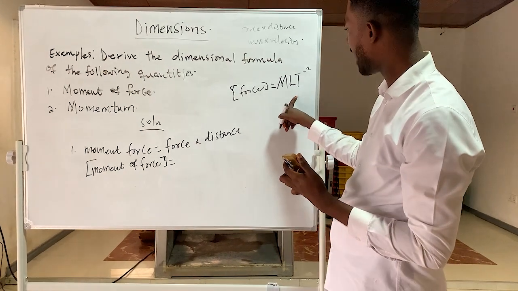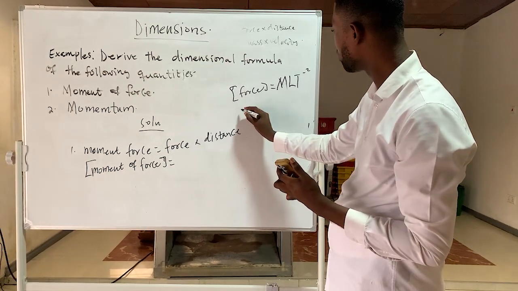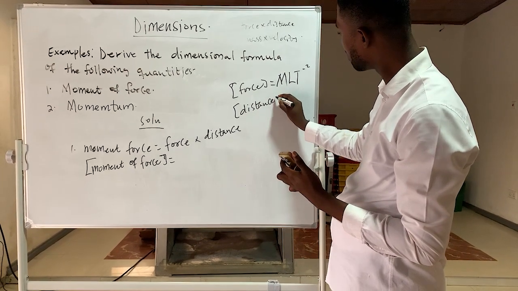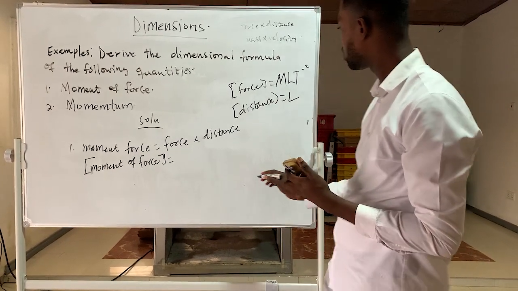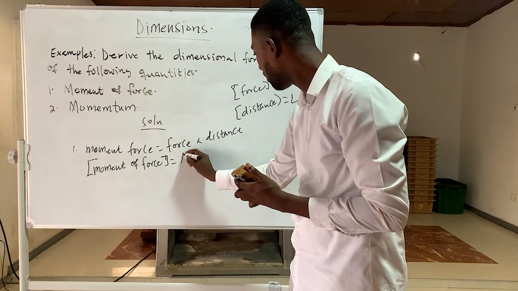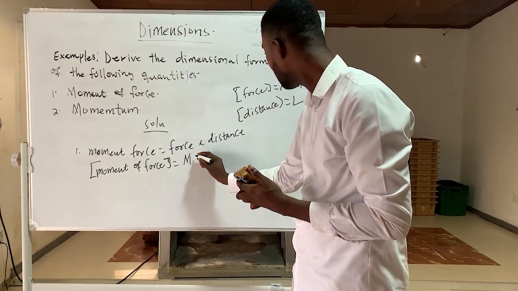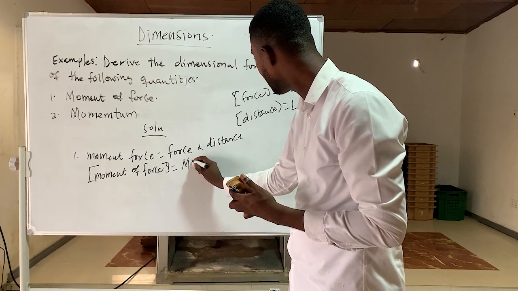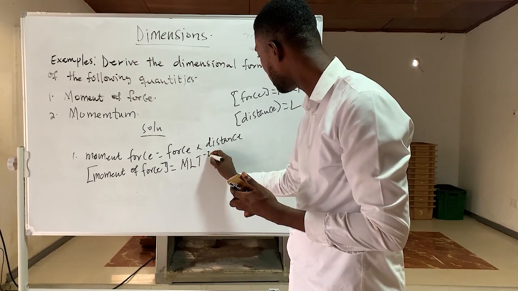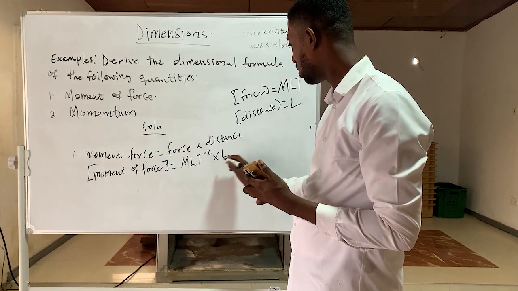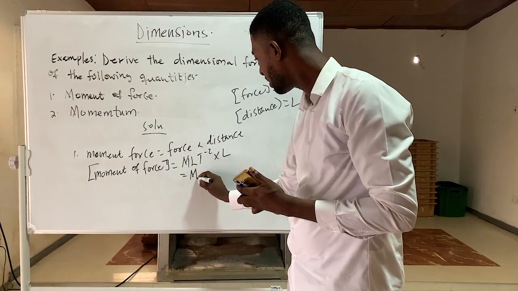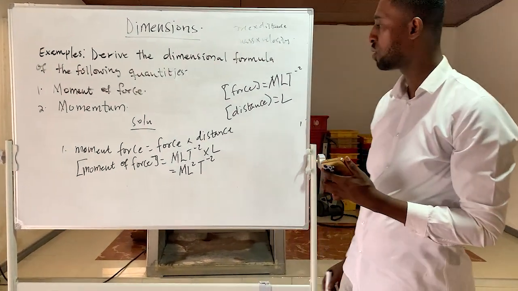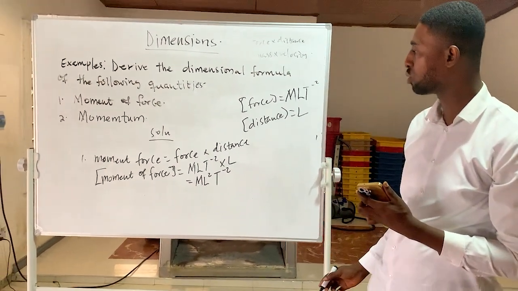Then the dimension for distance is also L. So for moment of force, we have M LT minus 2 times L, which is equal to M L squared T minus 2. So this is the dimension for moment of force.